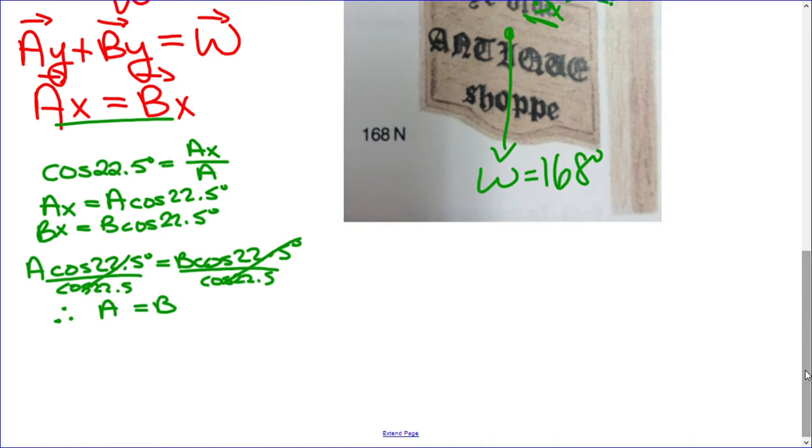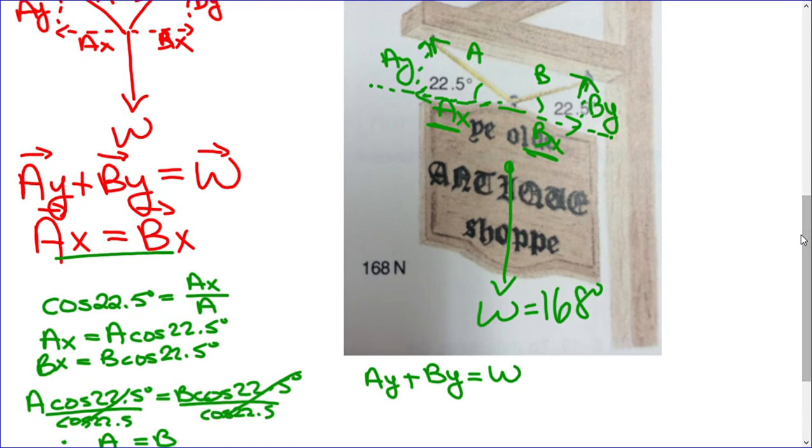So then let's use that in our other equation. So I have AY plus BY equaled the weight. Using the same logic I used when I found cosine, I can do the exact same thing for sine. So AY is going to be the sine value of this because I need to take a look at the opposite over the hypotenuse. Okay, so that's sine.